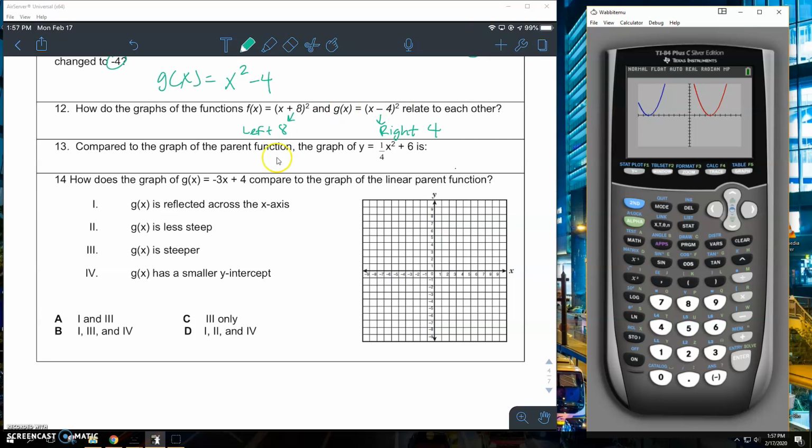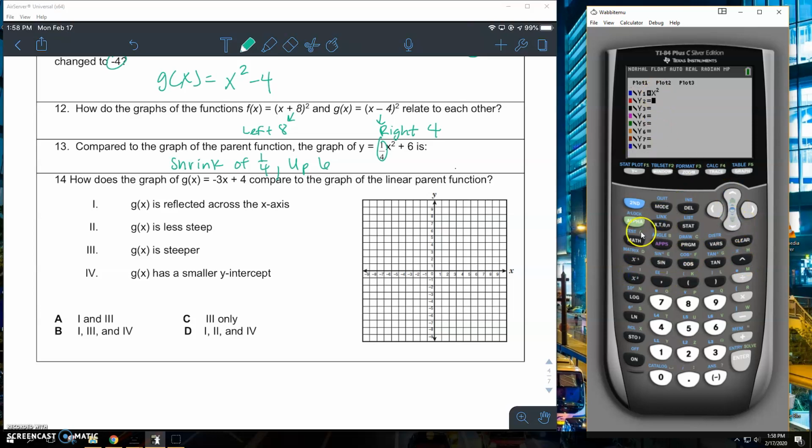Number 13, compared to the graph of the parent function, the graph of 1/4 x squared plus 6. So we're talking about the transformation. The 1/4 gives me a shrink of 1/4, and then the plus 6 moves up 6. If you need to see that, you can type it in.